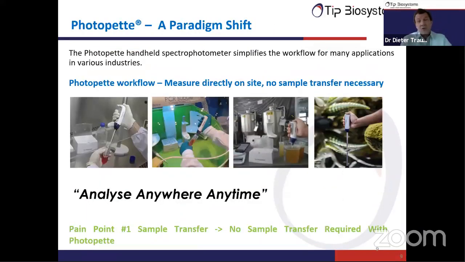Okay, so this type of problem was actually addressed by Tip Biosystems. We have developed a handheld spectrophotometer, which you can see here in these pictures. The handheld spectrophotometer enables you to measure on site without a transport of the sample.